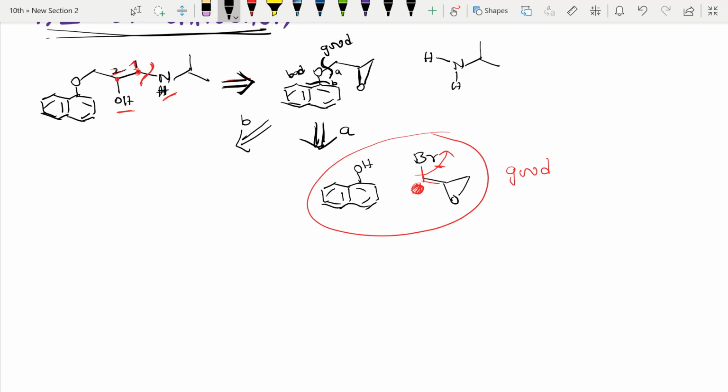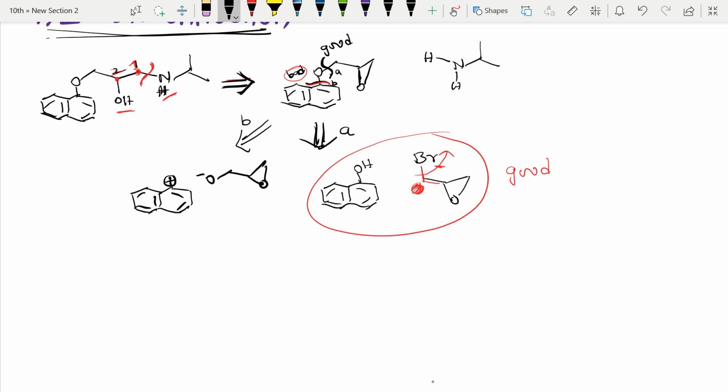Why I called this a bad disconnection, see here, if I do the disconnection at B, which I have indicated here, so this is B, here I am doing the disconnection, then I will get these reagents. Here I will get a positive charge, and here oxygen gets a negative charge, and here as usual the epoxide is there, right?